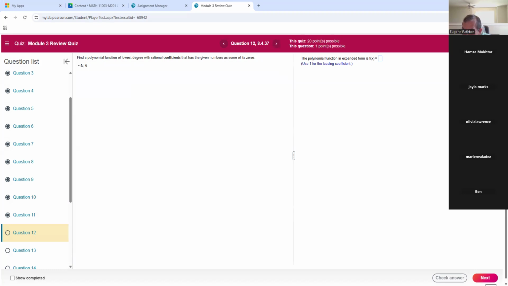Alrighty, y'all. So, number 12, they're giving me zeros of negative 4i and 6. They want me to find the polynomial of lowest degree that has the given numbers as some of its zeros.